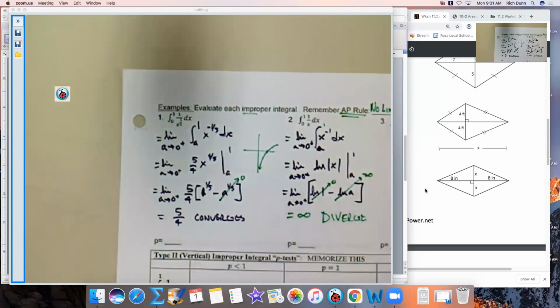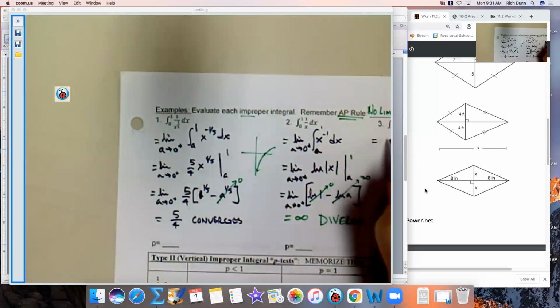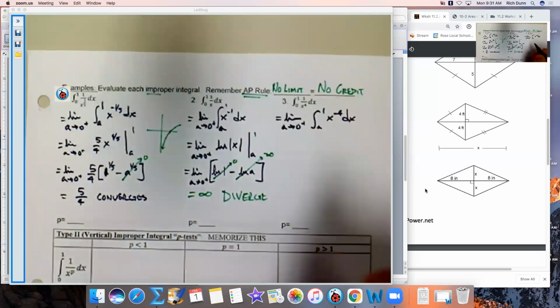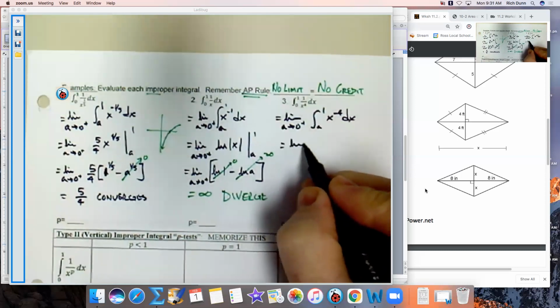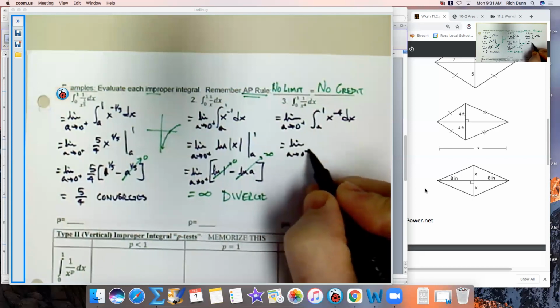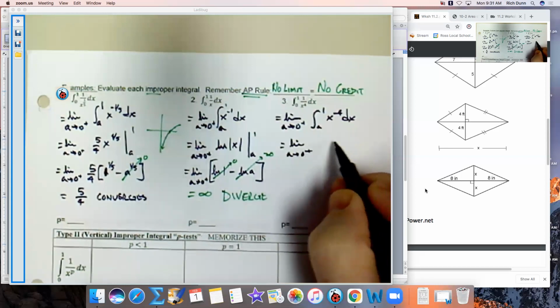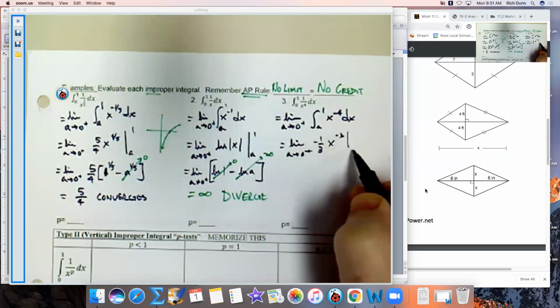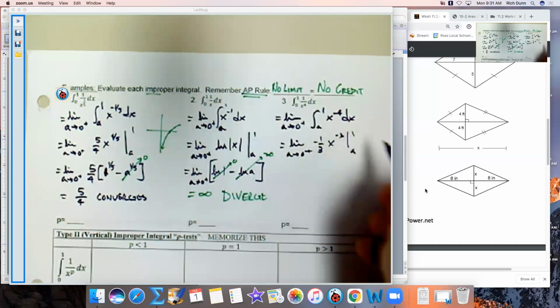Let's take a look at our third example. We have the same issue, limit as a goes to 0 from the right, integral from a to 1 of x to the negative 4th dx. Antiderivative by adding 1, multiplying by the reciprocal, will give us x to the negative 3rd times negative 1/3, and we'll evaluate this from a to 1.